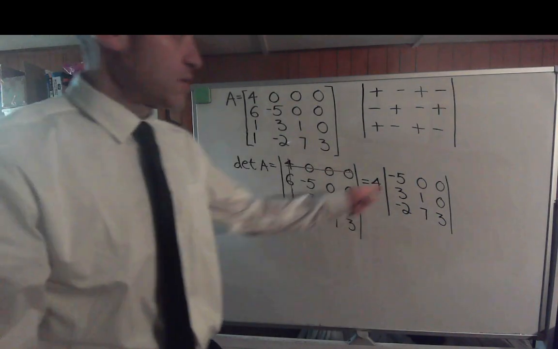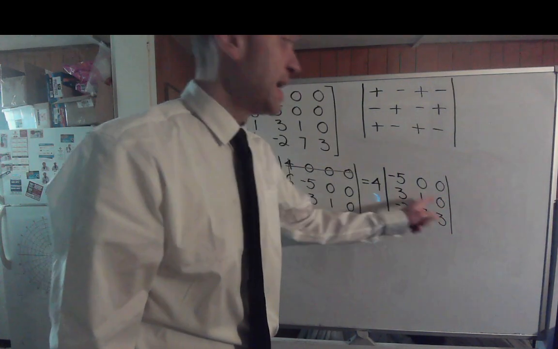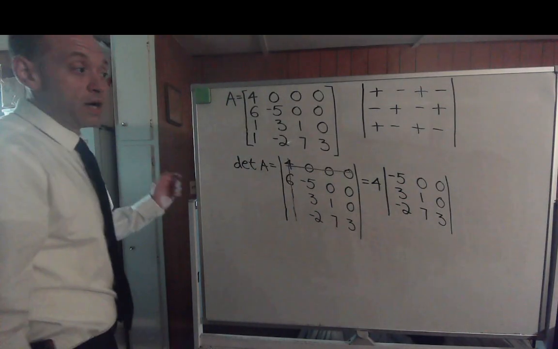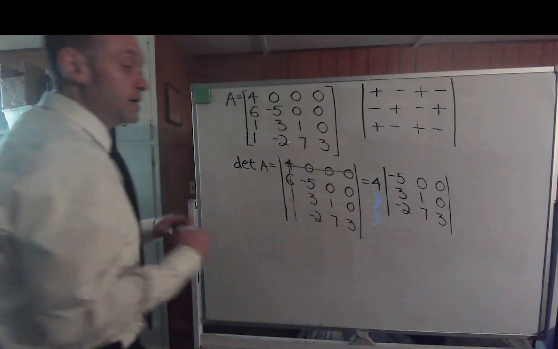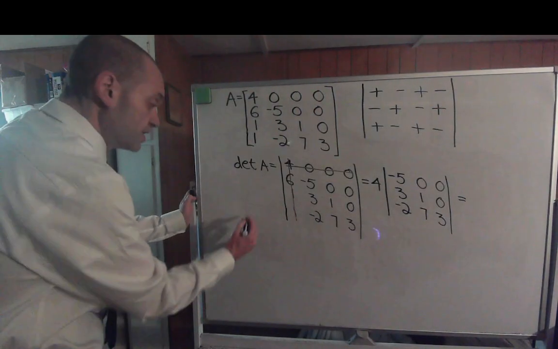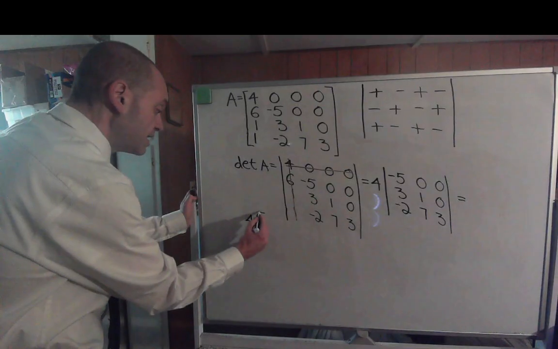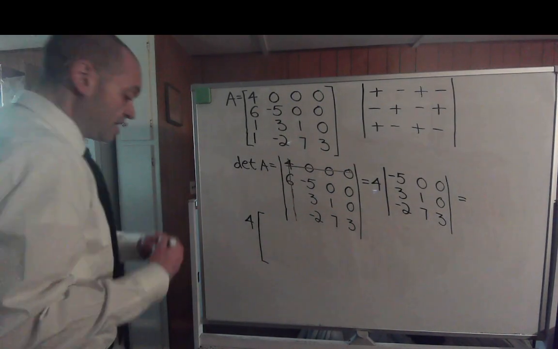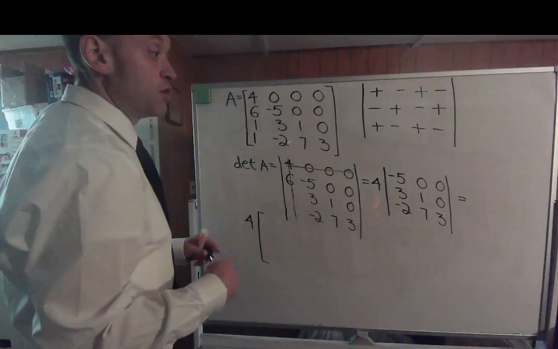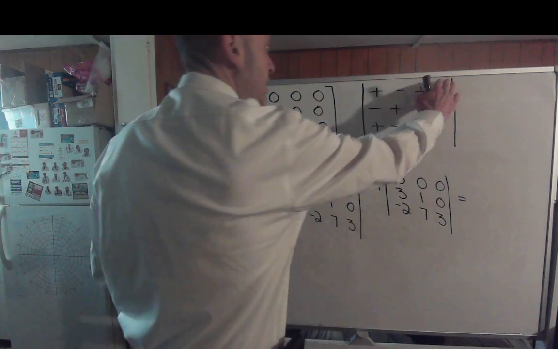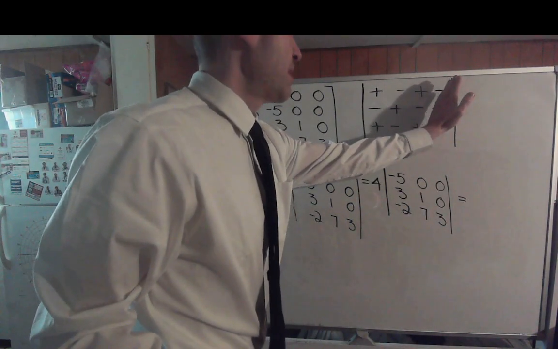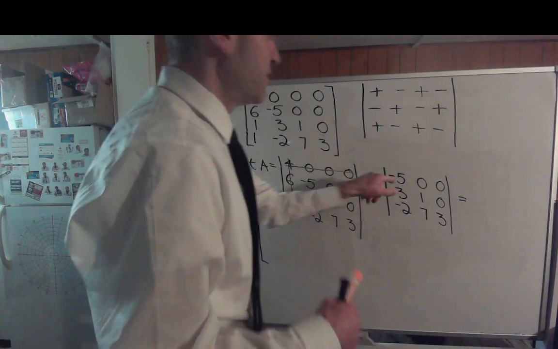Now, if I either pick row 1 or column 3, I have 2 zeros in each for the 3 by 3 determinant. So once again, we'll pick row 1. So what's that going to turn into? This would end up being 4 times, let's do a big bracket here. I'm going to pick row 1. I'm going to use negative 5. According to my coefficient determinant, if I treat this as a 3 by 3, I should take a positive of that -5.